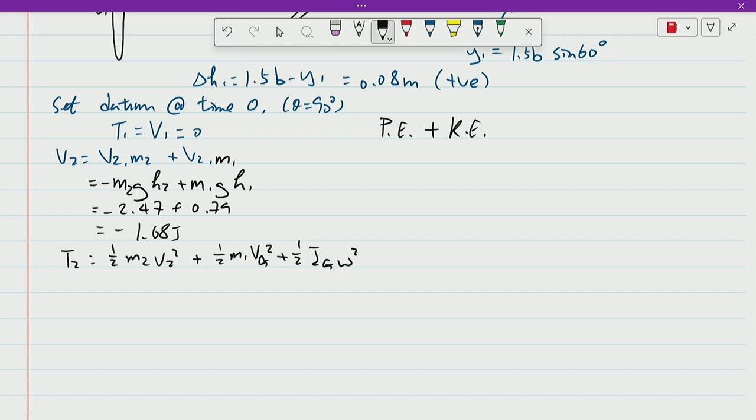Now, because the rod is mounted fixed at one end, it's kind of like a fixed axis rotation, so we can simplify this into 1/2 I naught omega squared. Suddenly the equation isn't quite so ugly anymore.